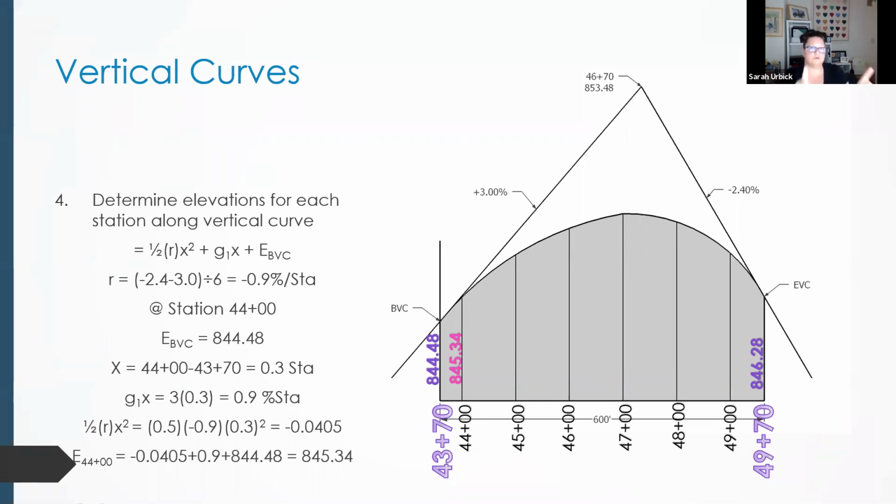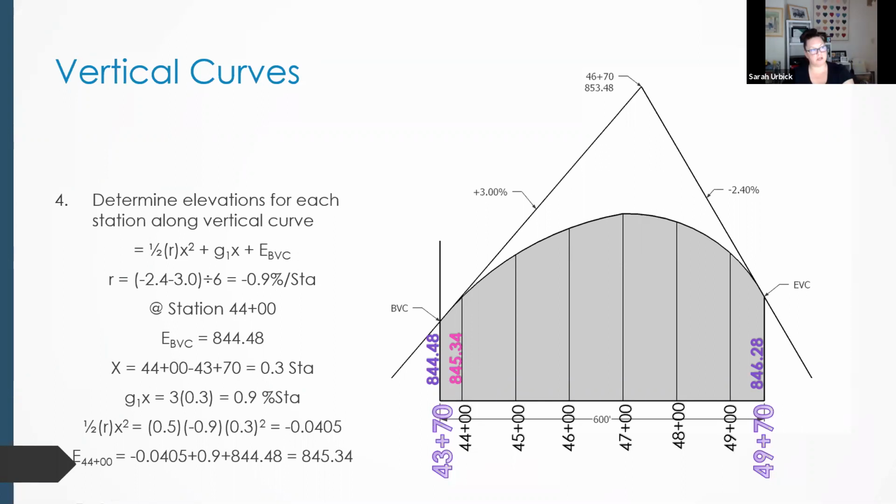Full stations only, right? So for every station we go, we're going to drop or increase 3 feet, starting here and going to the right.